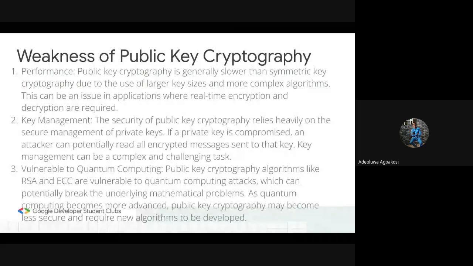The moment the document is being sent, you have to encrypt it, and the moment it's being received, you have to decrypt it. In situations like real-time communication, you have to deal with the speed or performance issue in public key cryptography.